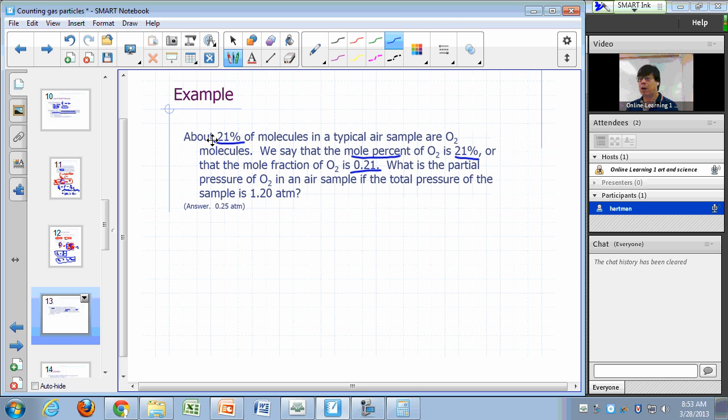Okay, so what's the partial pressure of oxygen if you were to have a pressurized air sample of 1.2 atmosphere?